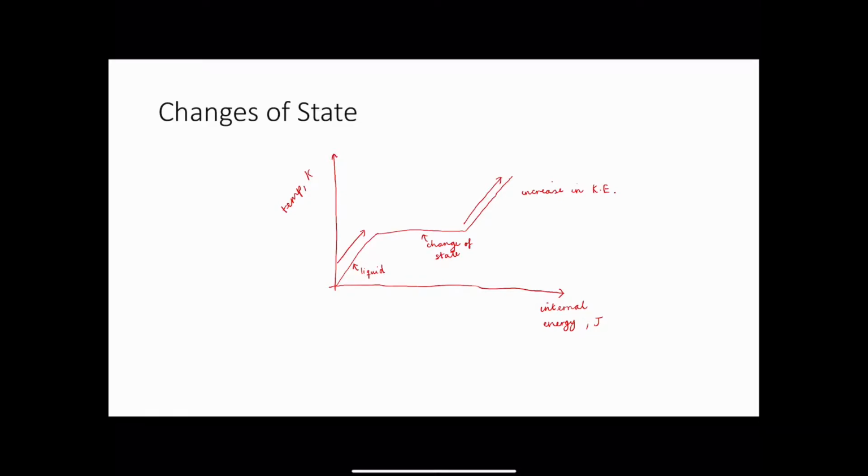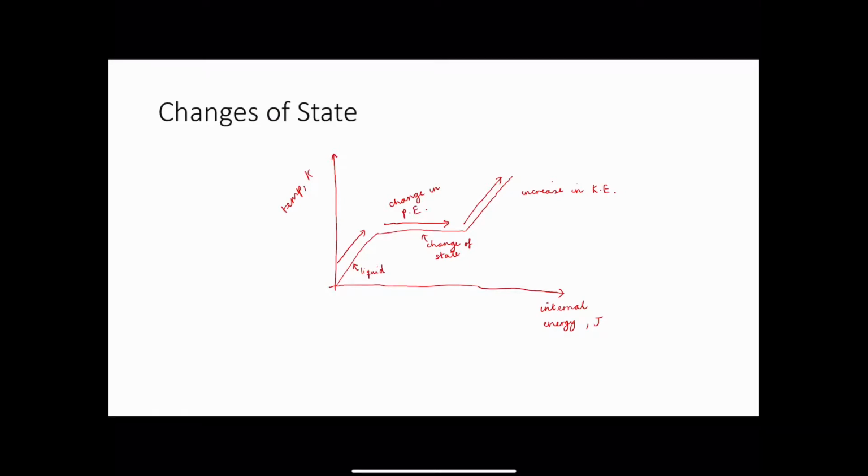When a substance changes state, we don't see a change in kinetic energy, we mainly just see a change in potential energy, because obviously we're breaking the bonds between the particles or the molecules. So at the horizontal portion of our graph here, we see a change in potential energy.